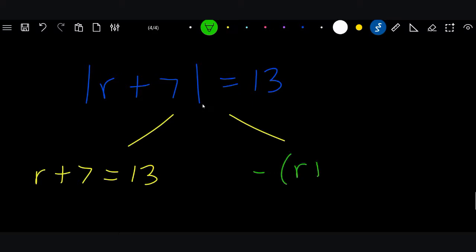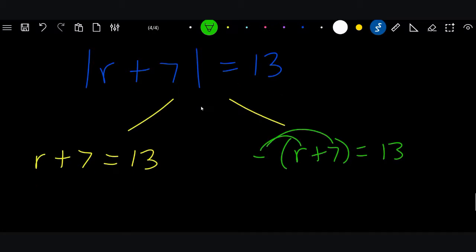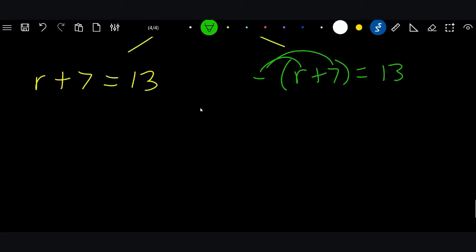Negative r plus 7 equals 13, because we want this whole thing to be negative. We're not just making a negative r, we're making everything inside of it negative, and in order to do that, we have to distribute. So let's do this negative one first. We'll distribute that negative and we'll get negative r minus 7 equals 13.